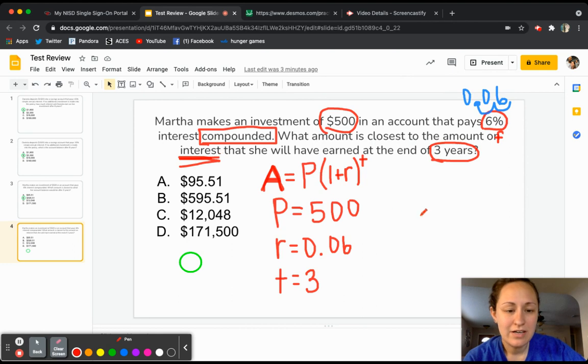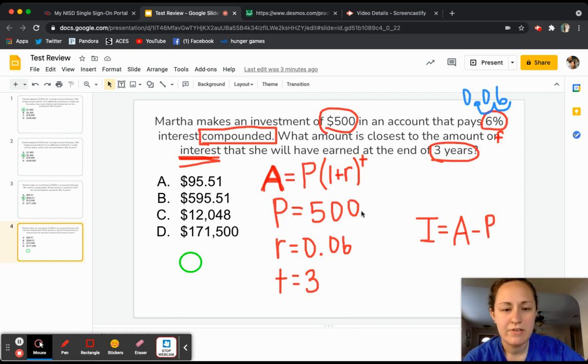So to find our interest for compound interest, this is totally different from simple, we have to take our final account balance and subtract what we started with. So we want to subtract our principal. Well, luckily, didn't we just plug all these numbers into a calculator? Yes, we did.